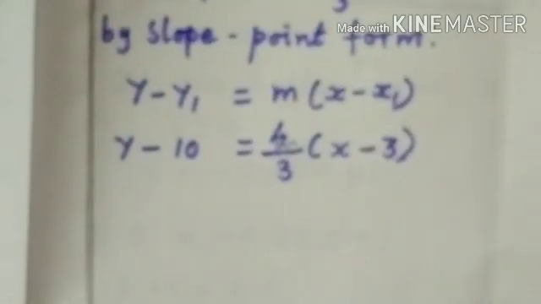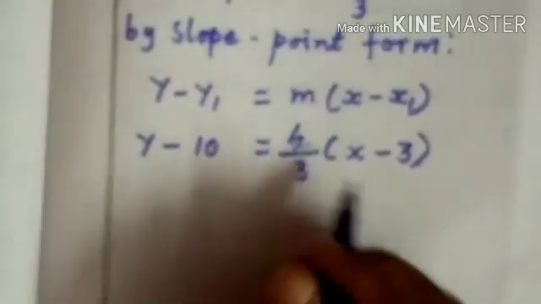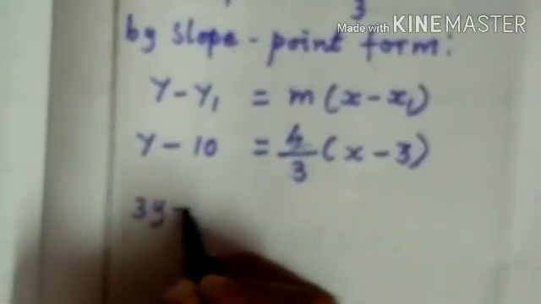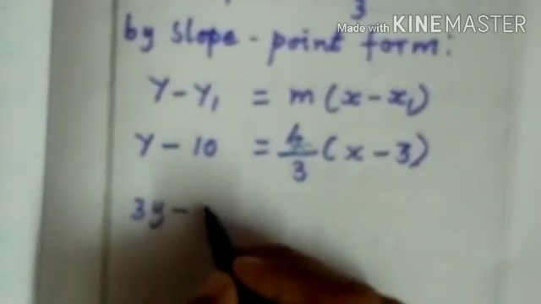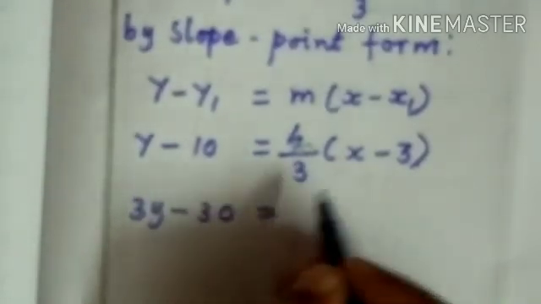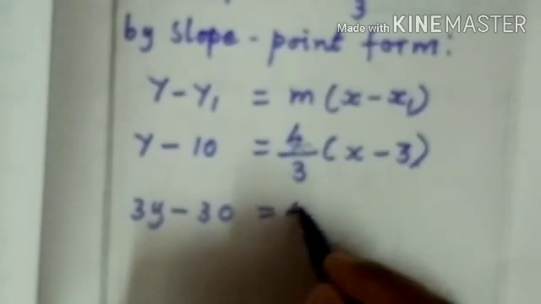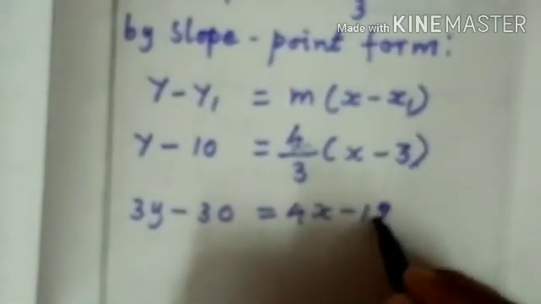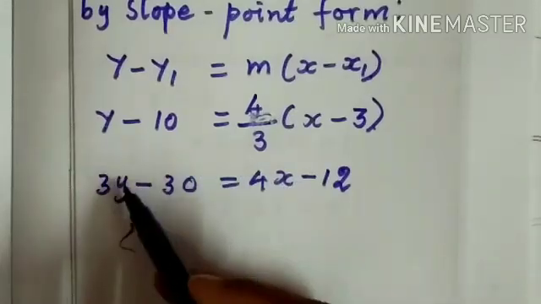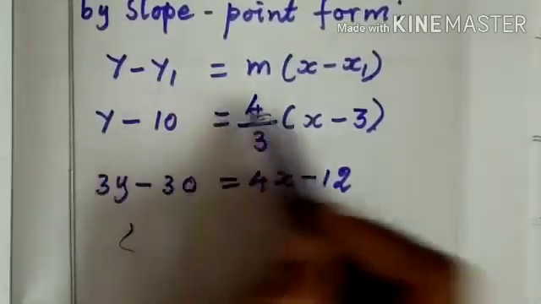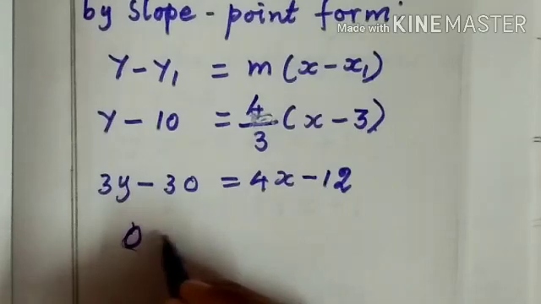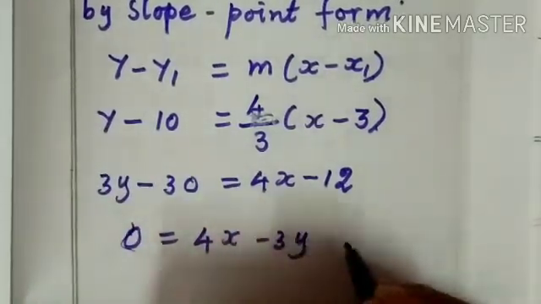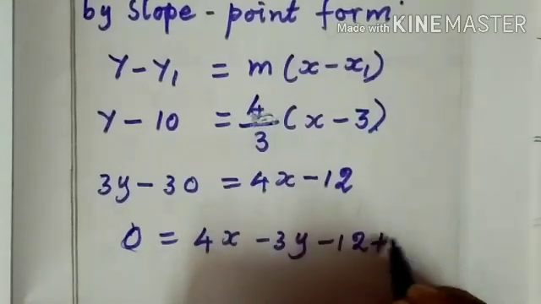Now you have to simplify this, means 3 into y, 3y minus 3 into 10, 30 is equal to 4 into x, 4x, 4 into minus 3, minus 12. I need x term positive, so you transpose this term after the equal, means we get 0 is equal to 4x minus 3y minus 12 plus 30.